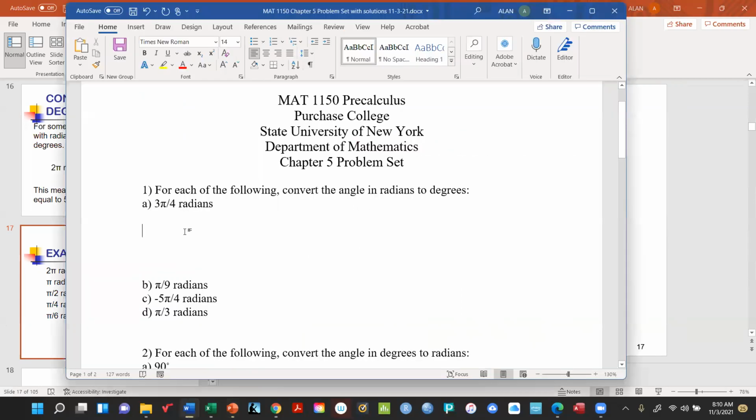Okay, so in other words, this equals, or you could write it in a few different ways, but what you really should do is write 3 times pi over 4 radians, because we know what that is already.